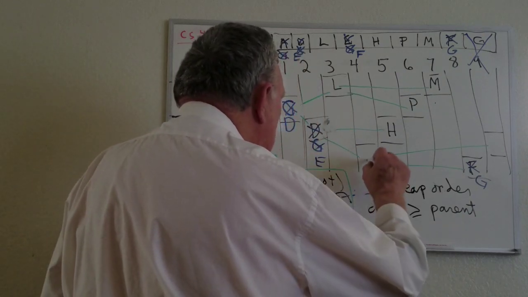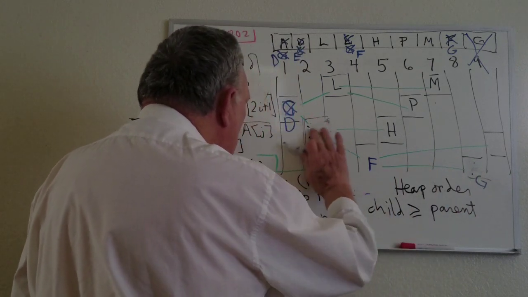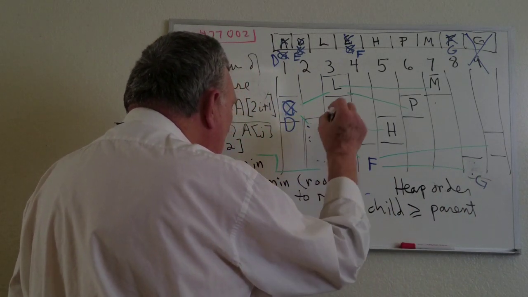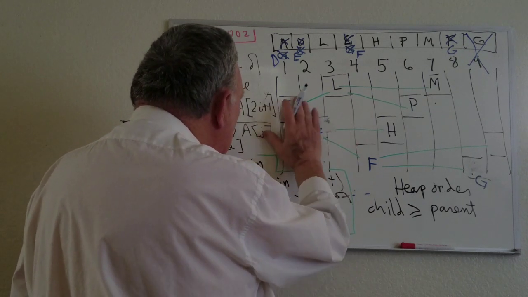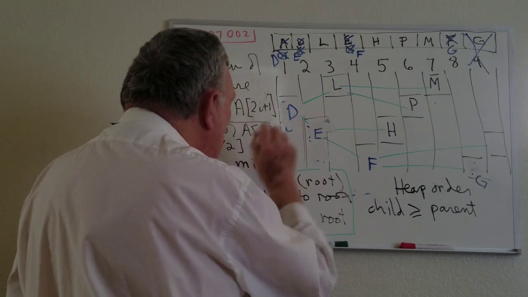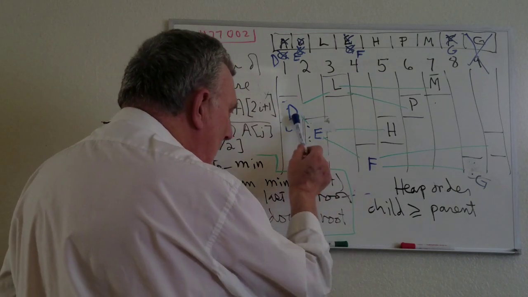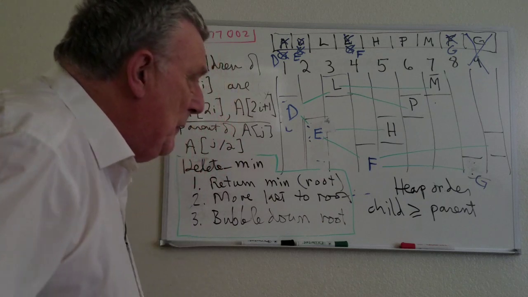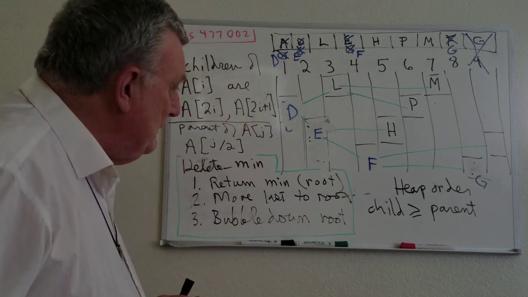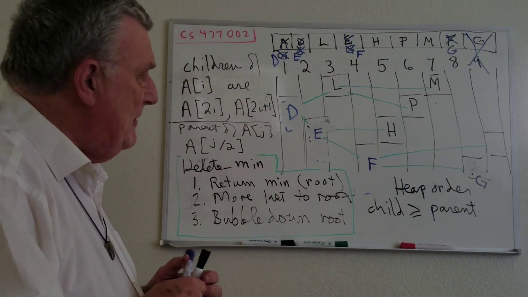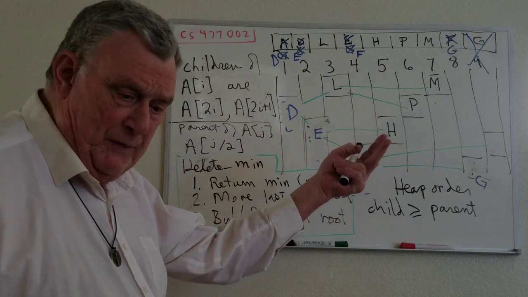This is F, this is G, this position is now D, E, and this position is D. Now, the items are now in min-heap order. Once again, it's been restored. And it took logarithmic time, no more than log n time, to do this bubble down.